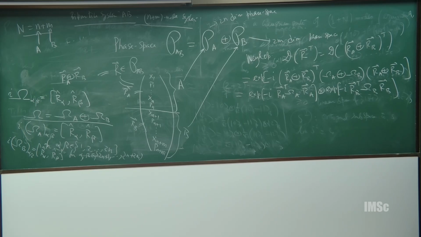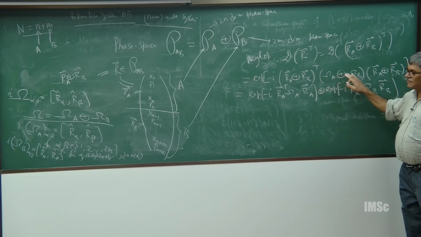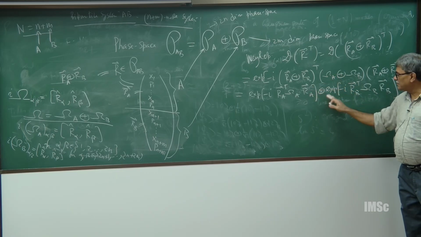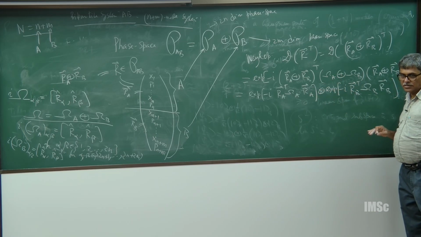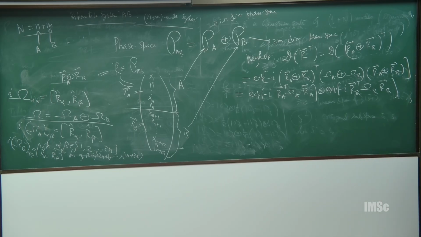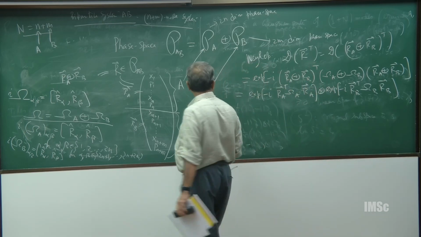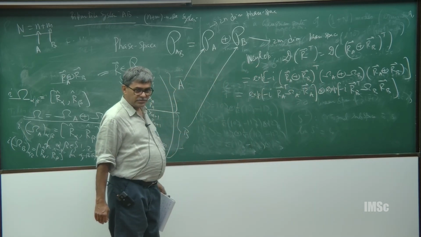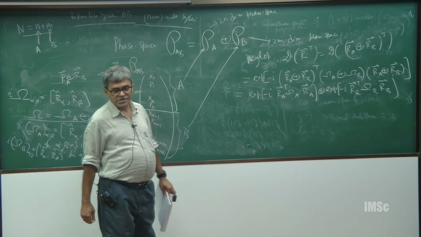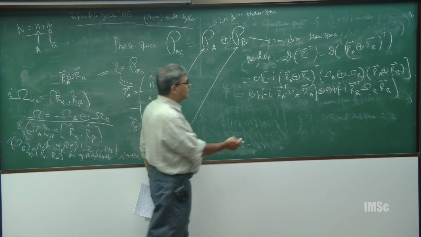Is that clear? Because at the exponential level this is direct sum, but at the operator level itself it will be just tensor product, is not it? Any doubt? Tensor product or just a normal product? Tensor product, because these are acting on different systems, right?